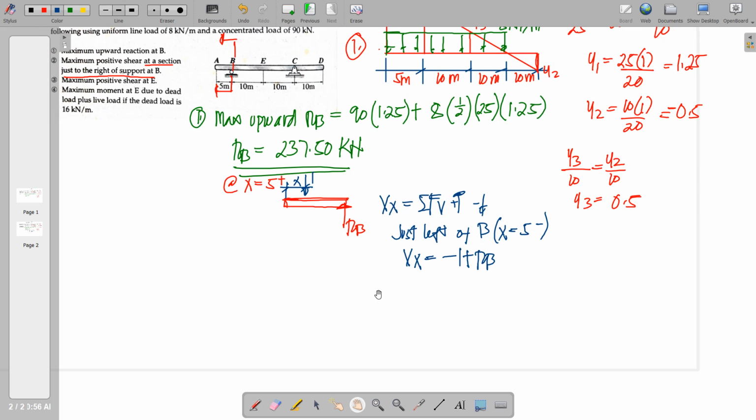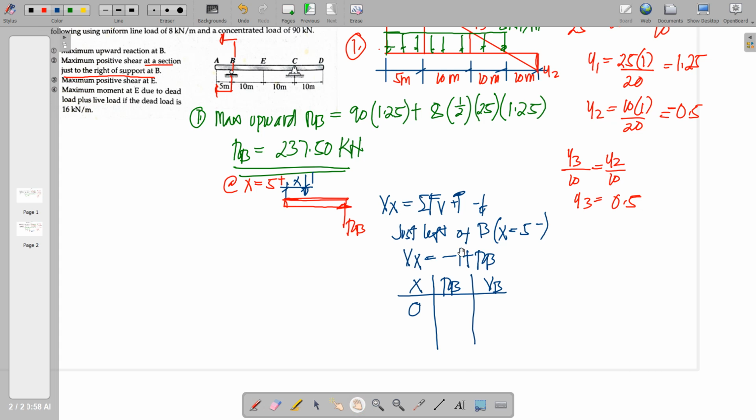So we can tabulate this, A to B: X, the RB, and the shear at B. Having the values now, when X is 0, what is the value of RB?